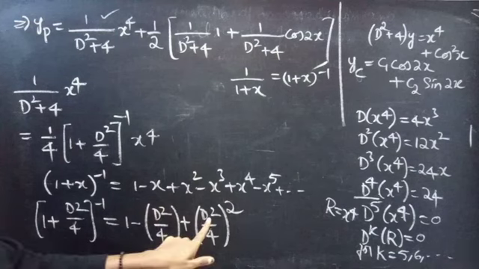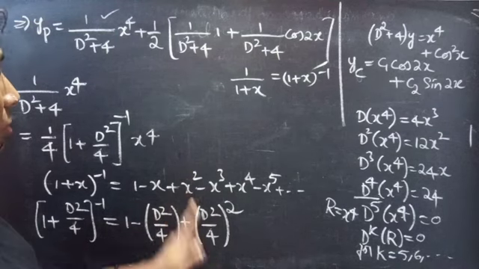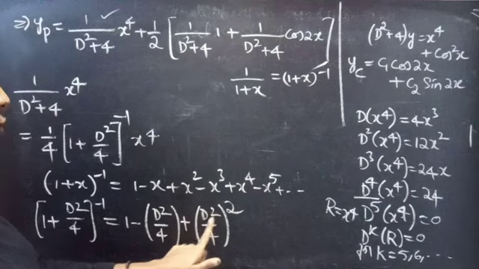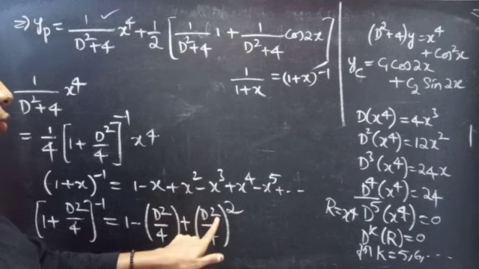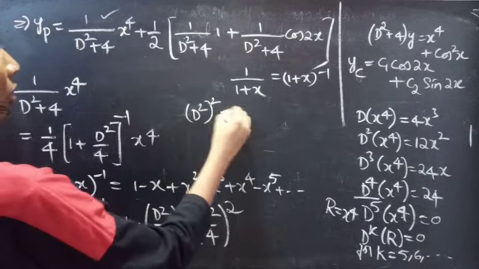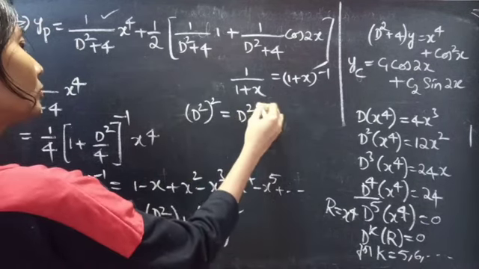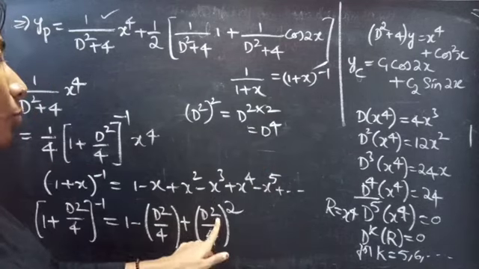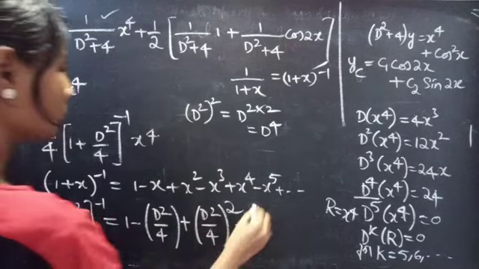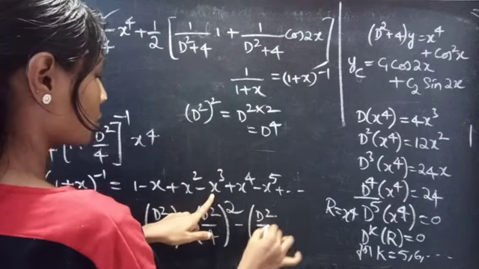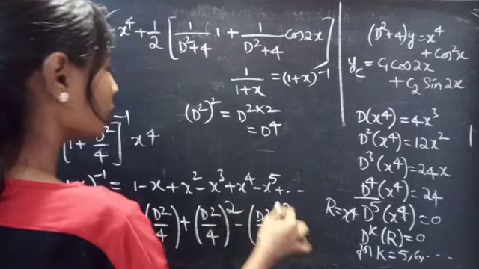See, now here you have to notice that x square. For this x square we got (D square by 4) whole square, and (D square) whole square is D power 4, right? A power m whole power n. D power 4. And in the next term you'll get (D square by 4) whole cube.